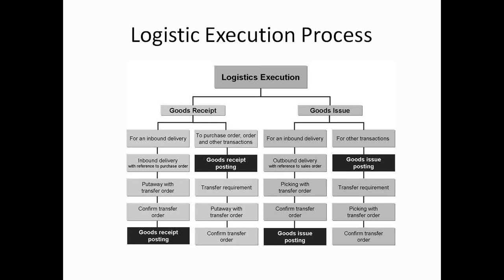Once the outbound delivery is created, the picking process will start. We have two processes, put away and picking. Put away is when the stock is placed in the WM warehouse, and picking is when stock is picked from the warehouse and sent to the required location.